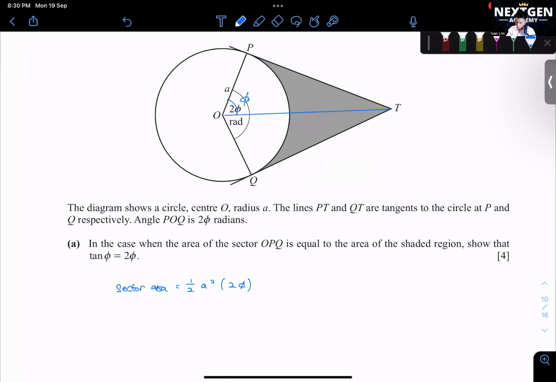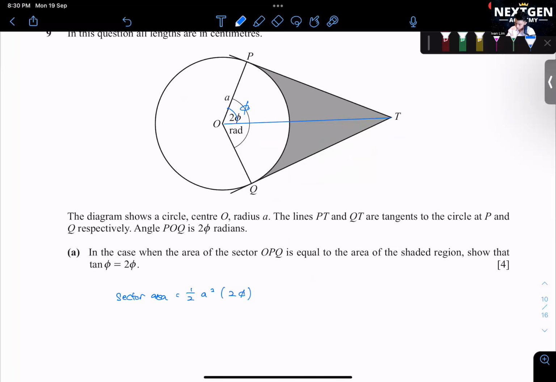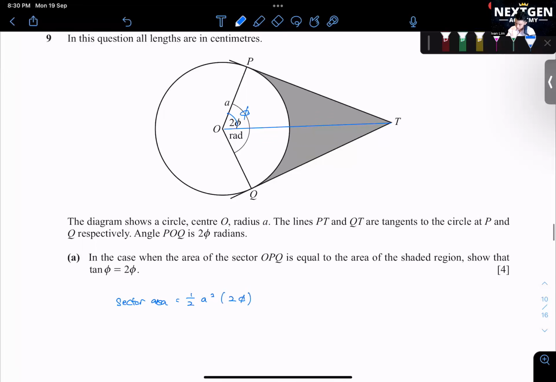We also know, they say over here, PT and QT are tangents. So what's the relationship between the tangent and the radius of the circle? You need to know that they are 90 degrees to each other.